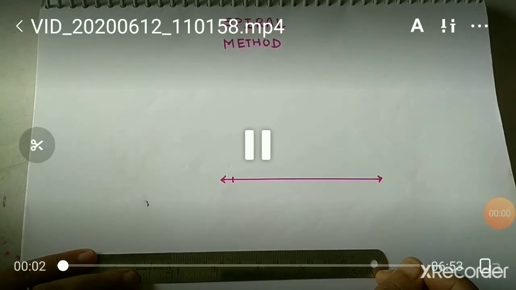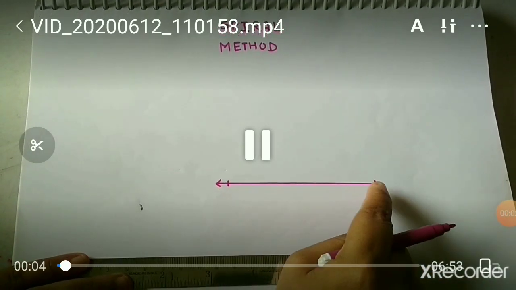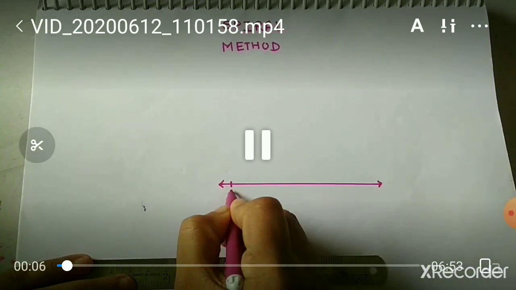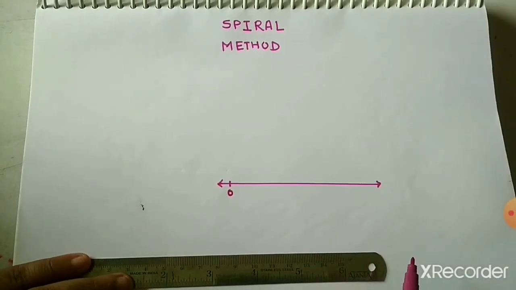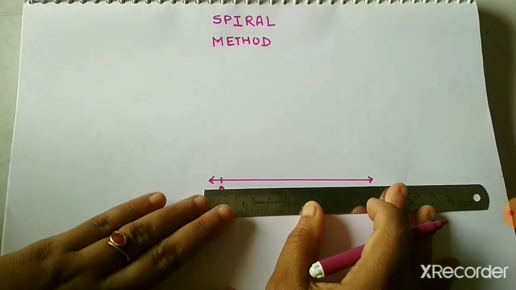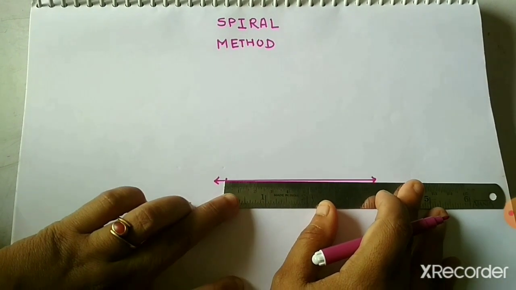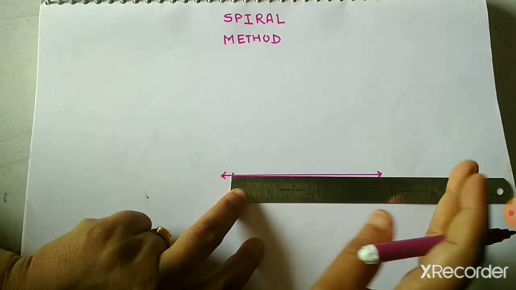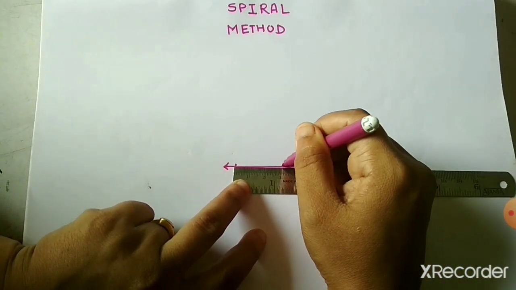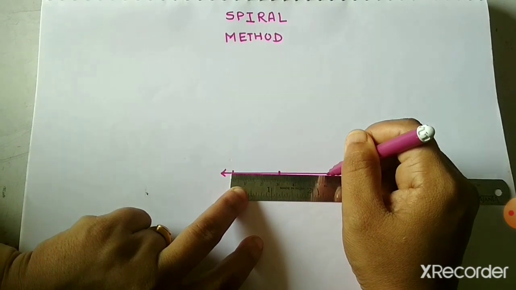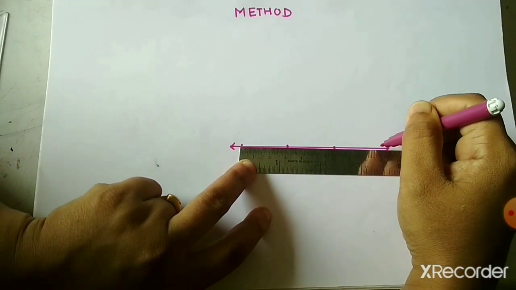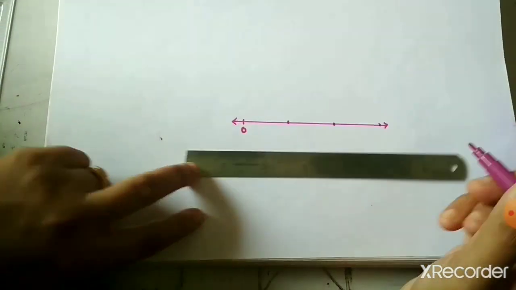On a number line. For that, first we will draw a number line. We will place the 0 here on the left hand side corner. Take a unit distance. As we have done the construction for root 2, the same construction we will follow now. Here I will take the unit distance as 3 centimeter, as we have done for the root 2 construction.